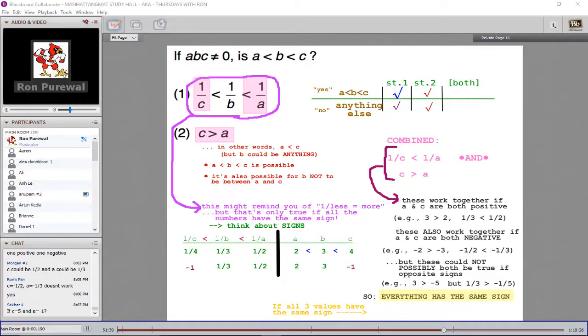Then if I tell you 1/c is less than 1/b, which in turn is less than 1/a, that definitely means that C is greater than B, which is greater than A. In other words, check that box, and this is an impossible box to check. So this is sufficient.